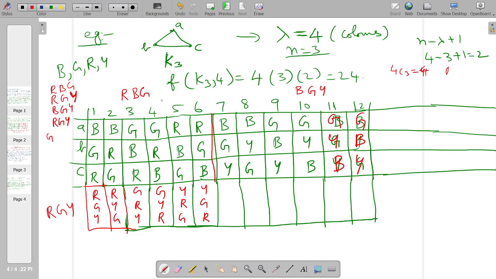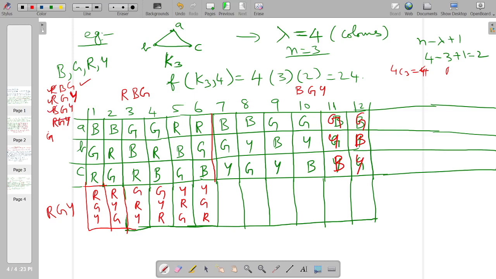So what is the missing one here? Red, blue, green; red, blue, yellow. RGY, sorry, RGY I have written. RBG is written here, RGY is also written here. The next one is BGY.